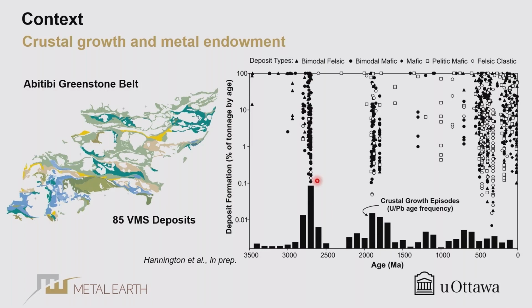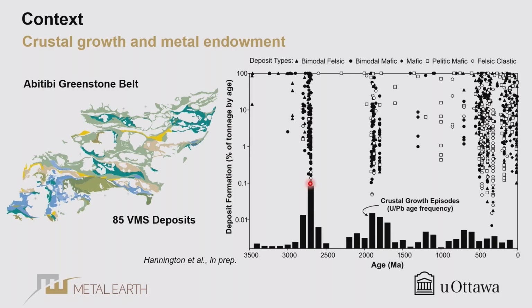And secondly, there's maybe an even more important thing, which often I think gets forgotten, and that is that VMS deposits, of course, correlate with these pulses of crustal growth. They appear to be byproducts of these pulses of crustal growth, but in fact, they're an essential requirement of the microplate mosaic and the microplate growth, because the hydrothermal activity that makes VMS deposits cools the crust.